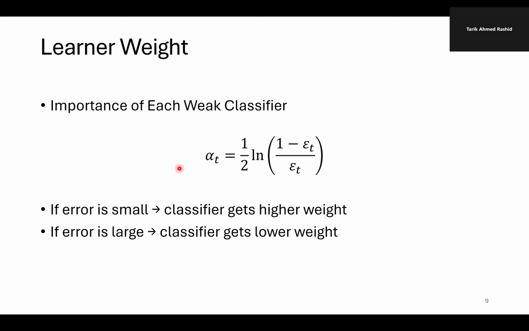Now, for the importance of each weak classifier, we need to find alpha. Alpha can be found by this formula, which needs the error to be plugged in. So if the error is small, then the classifier gets a higher weight, and if the error is large, then the classifier gets a lower weight.